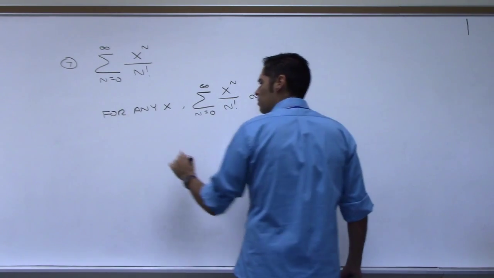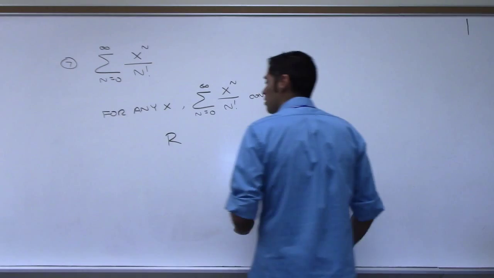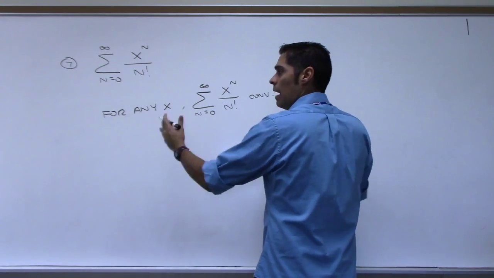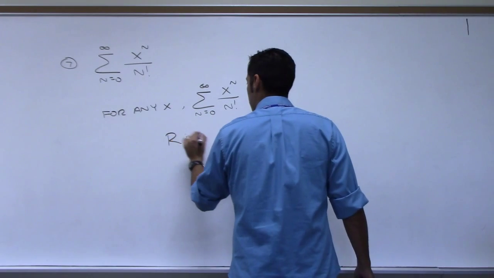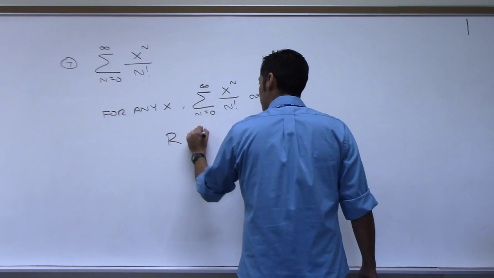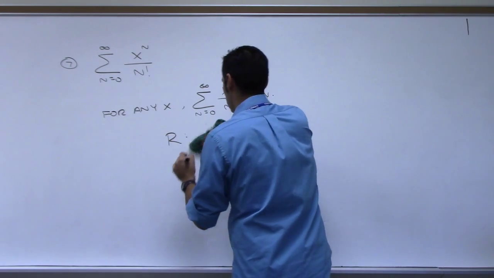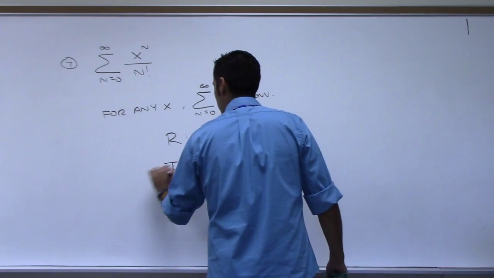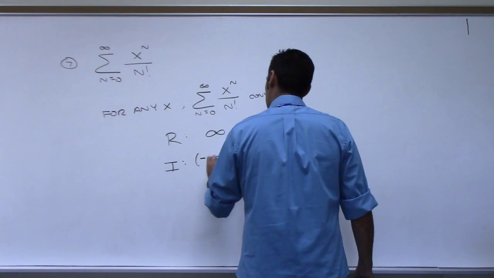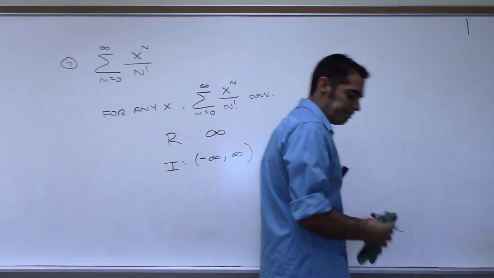So what does that mean in terms of the radius of convergence? Well, the radius of convergence is how big the interval is that x lies in. And since it can be any number, this would be an infinite interval. So it'd be everything. And the way we say that as an interval is negative infinity to positive infinity.